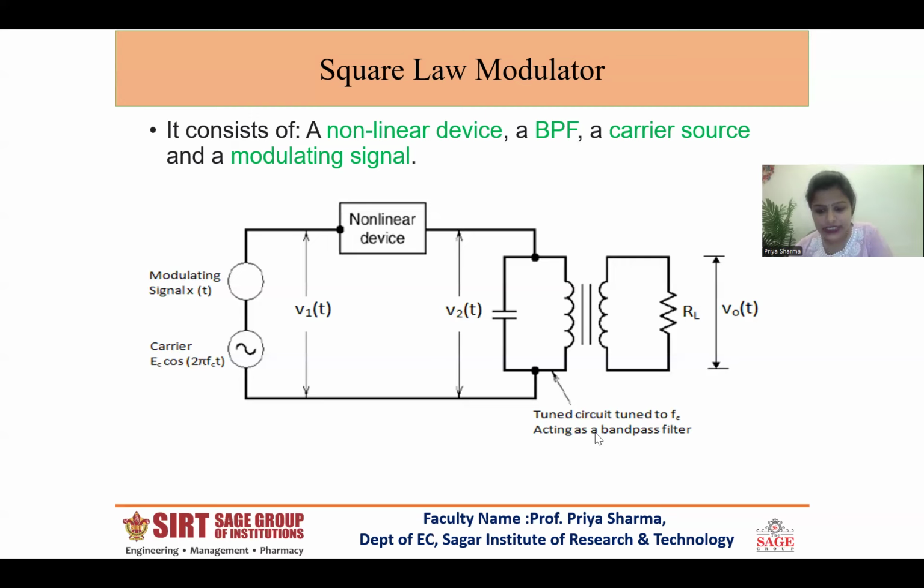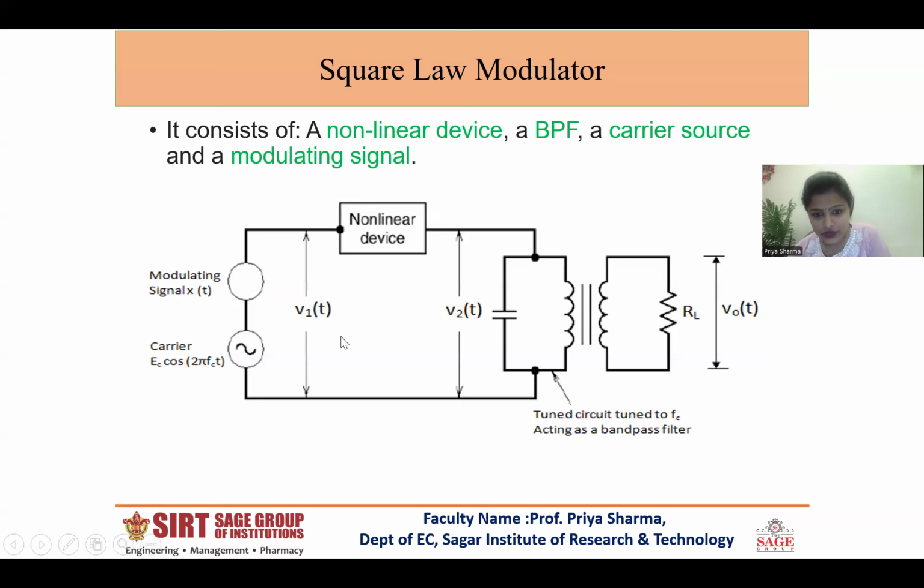Okay, so let's discuss its operation. The modulating signal and the carrier signal are connected in series with each other, and their sum v1(t) is applied to the input of the nonlinear device. The nonlinear device can be a diode, transistor, or any such device.